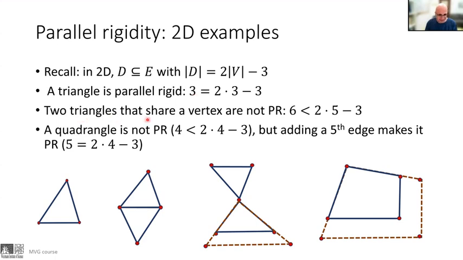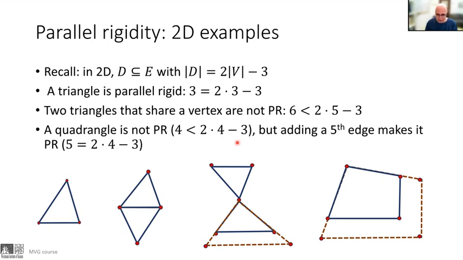Two triangles that share a vertex, this example, are not parallel rigid: 6 is less than 2 times 5 minus 3, which is 7. Now, the last example is not parallel rigid because 4 is less than 2 times 4 minus 3, which is 5.